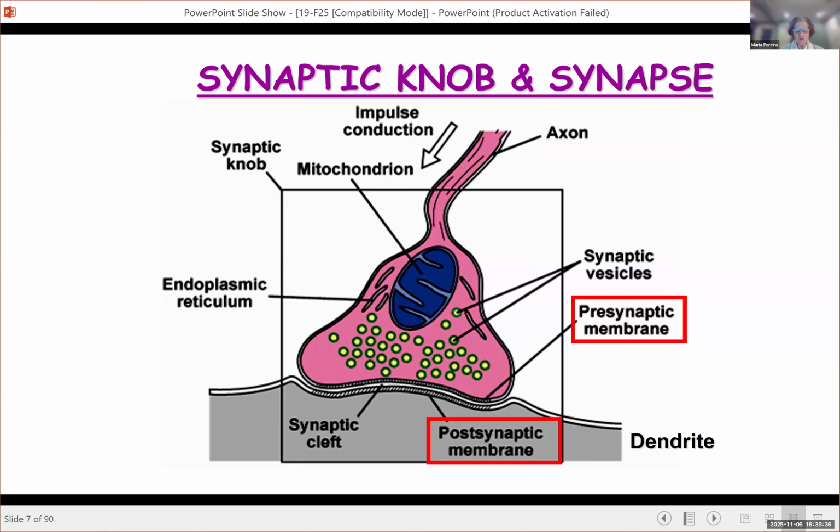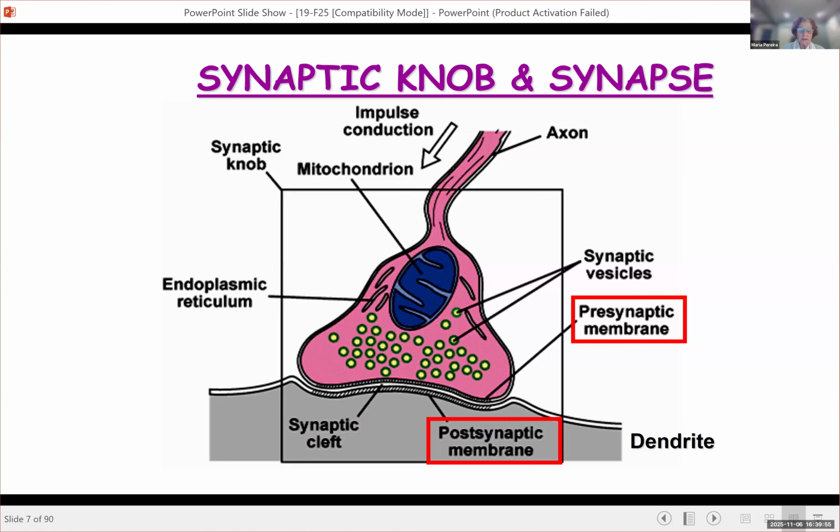So you see the usual, the familiar components, and specifically the synaptic vesicles that contain the neurotransmitters. But now at the neuromuscular junction, the only neurotransmitter that is located in those synaptic vesicles is acetylcholine.